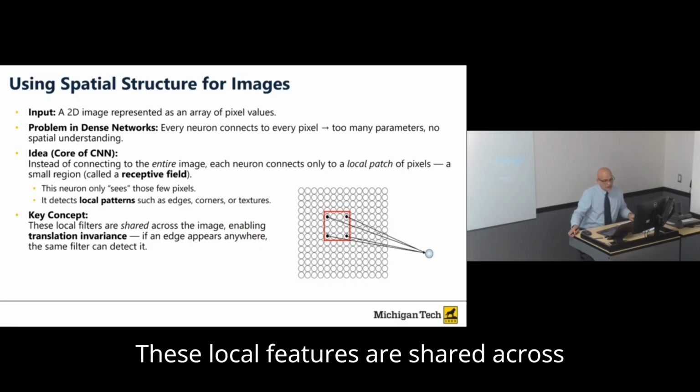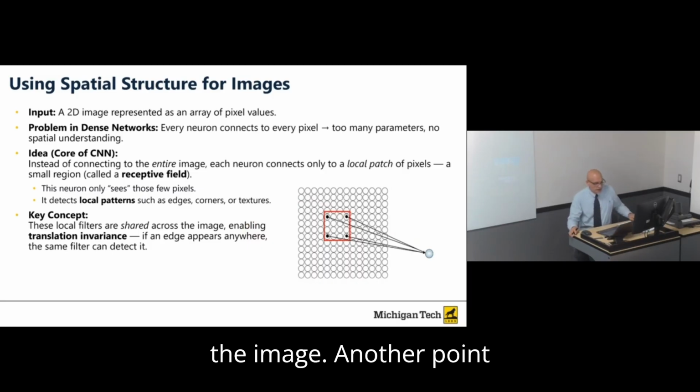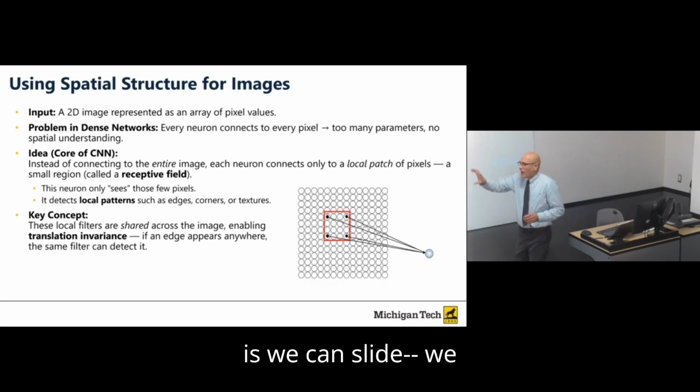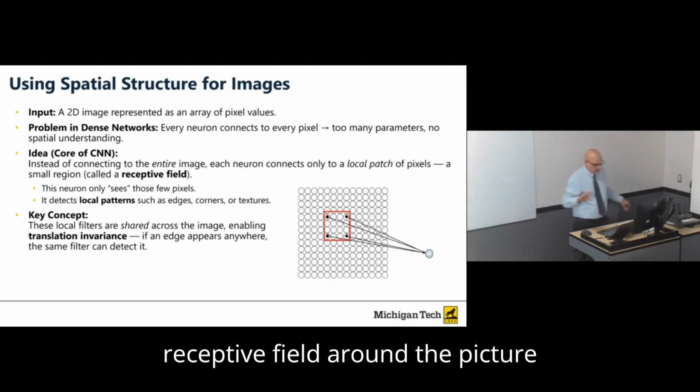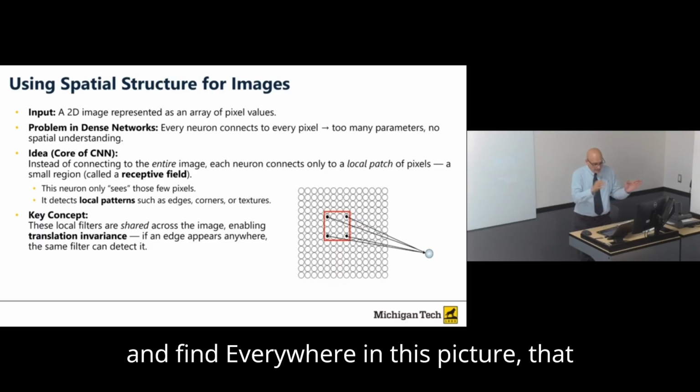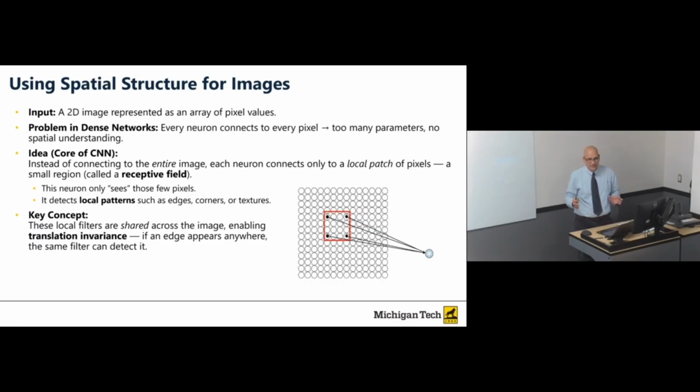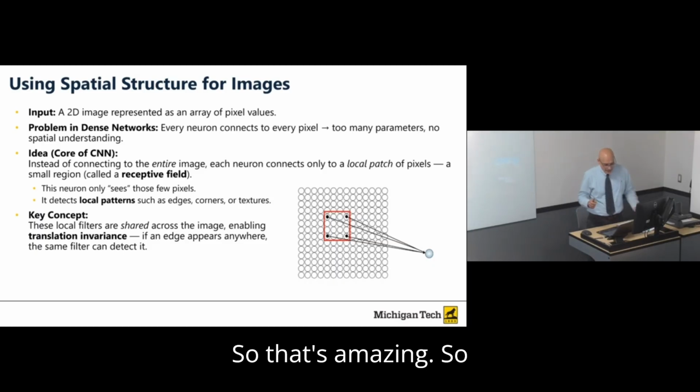These local features are shared across the image. Another point is we can slide this patch, or receptive field, around the picture and find that pattern everywhere in the picture. So that's amazing.